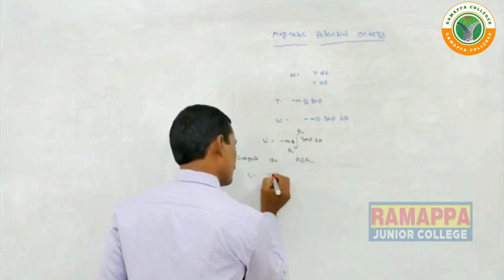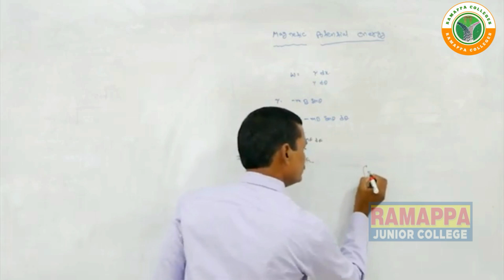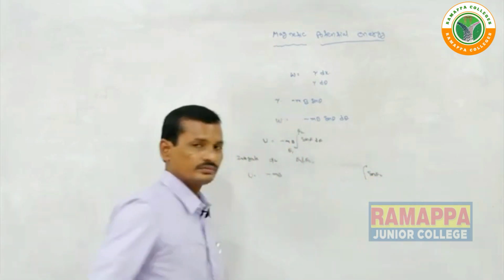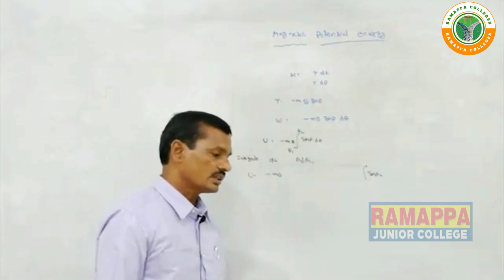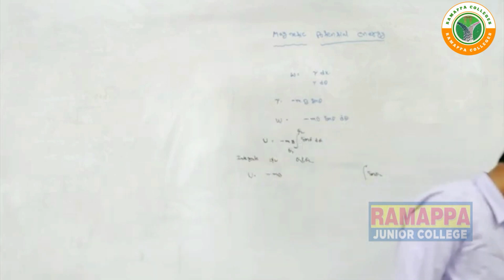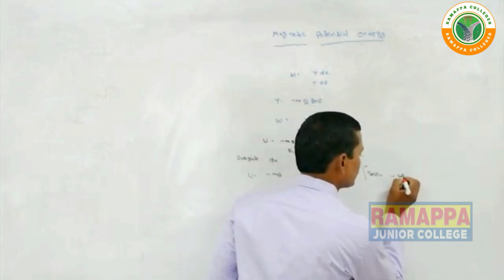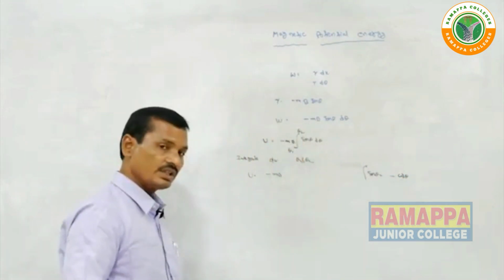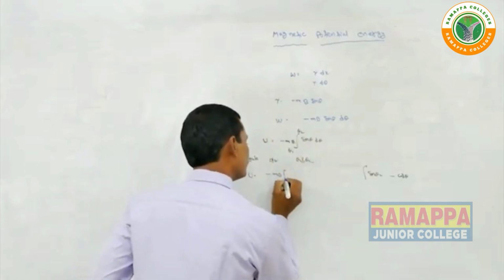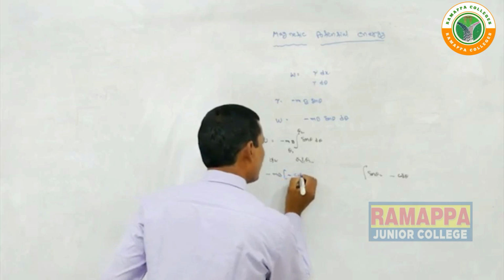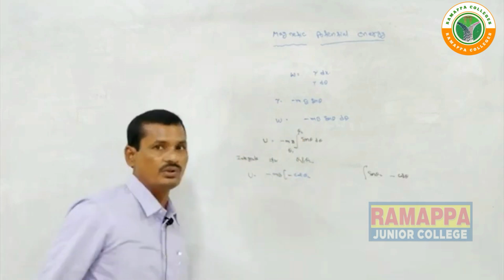U equals minus mB, and we already know the formula: the integral of sin theta equals minus cos theta. Therefore, using the same formula, minus mB times minus cos theta 2. Why? Because this is the upper limit and this is the lower limit.